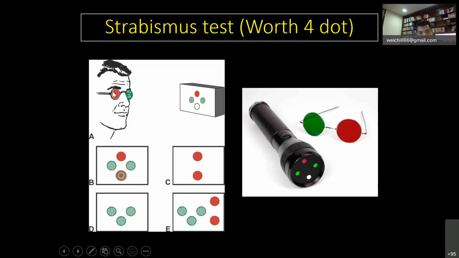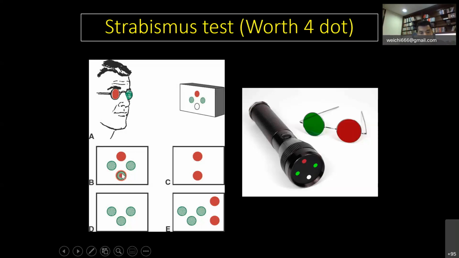For a normal patient, if there is no strabismus, with his right eye, he would be able to see the 2 red dots here. For the left eye, he should be able to see 3 green dots here, right?